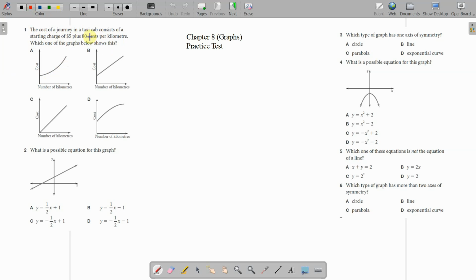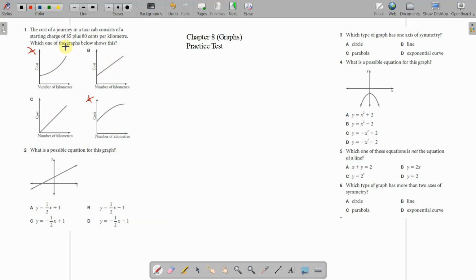So this one, the charge is constant per kilometre. You've got a start-up cost, then this charge is constant. So it can't be that one. And it can't be that one either, because then the charge would be decreasing over time. So it's going to be one of these two.